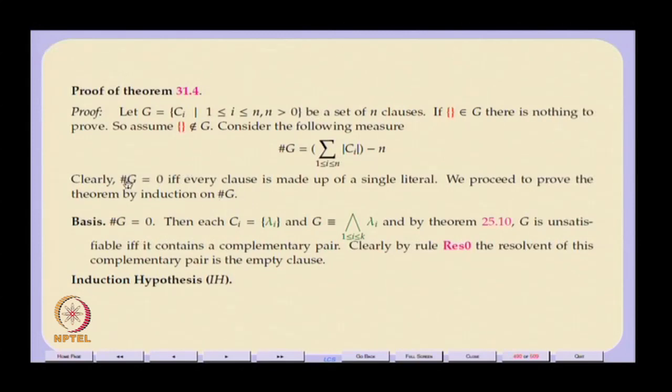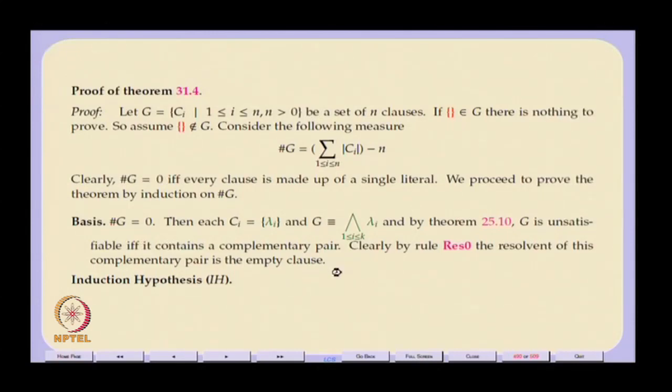So now we will do induction on this measure hash G. One of the theorems we proved before, our Herbrand's theorem, was that G is unsatisfiable if and only if it contains a complementary pair, and so this resolution 0 resolvent of a complementary pair will be the empty clause.